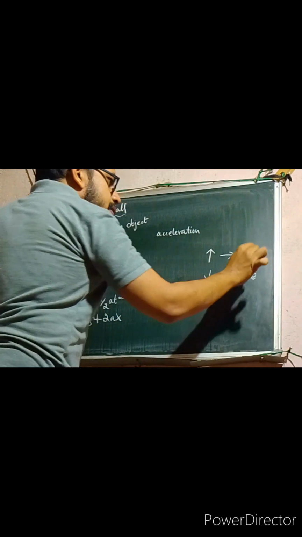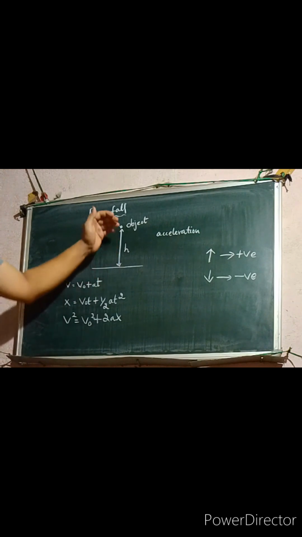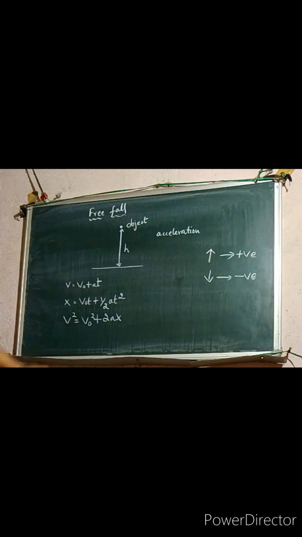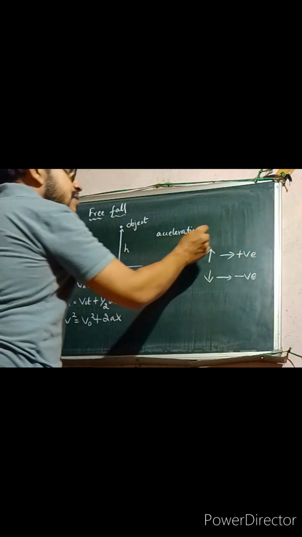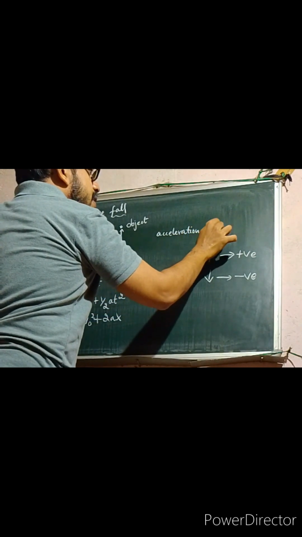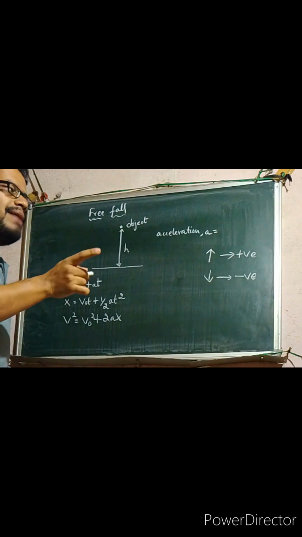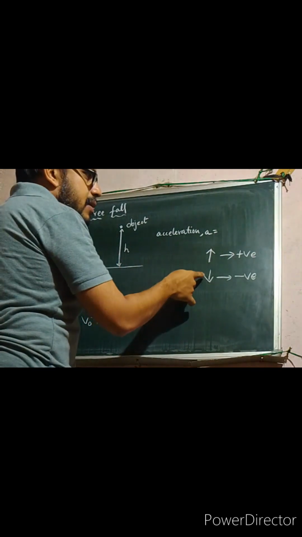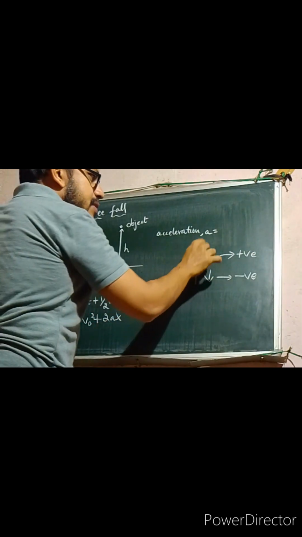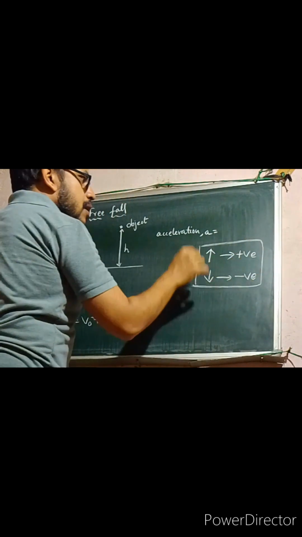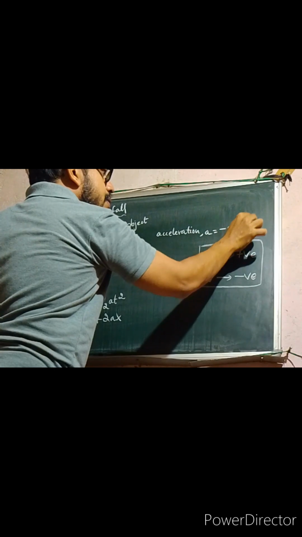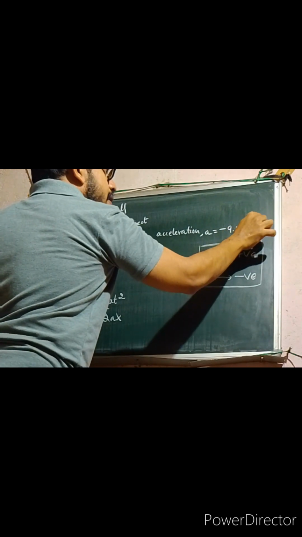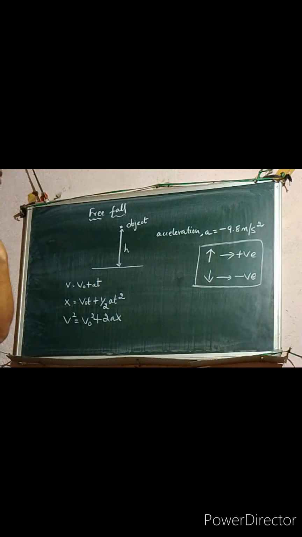So here the object is coming down, freely falling under gravity. So this acceleration of the object, according to these two considerations, will be equal to minus 9.8 meter per second square. This will be the acceleration of this freely falling object.